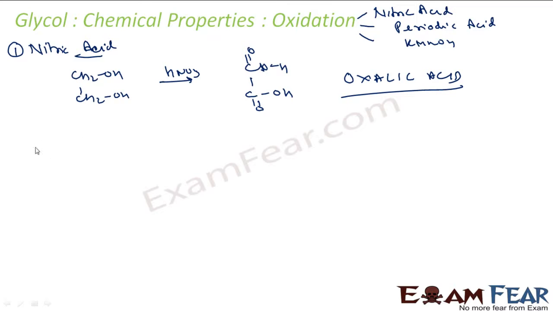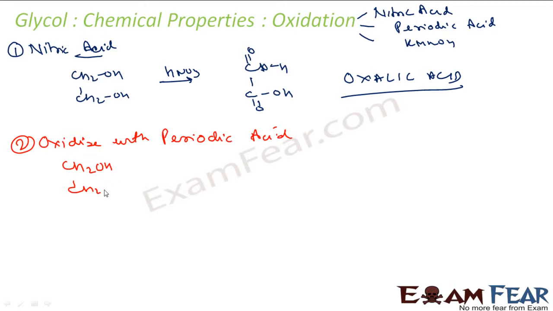The next is you oxidize with periodic acid. I have CH2OH, CH2OH, and this HIO4. You get HCHO, and you get 2 actually, and you get HIO3 plus water. We'll not discuss the mechanism of all this, not required for our syllabus. Right? These two are done.